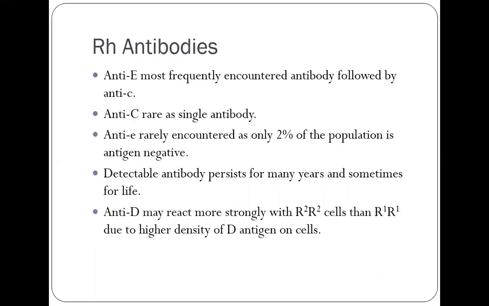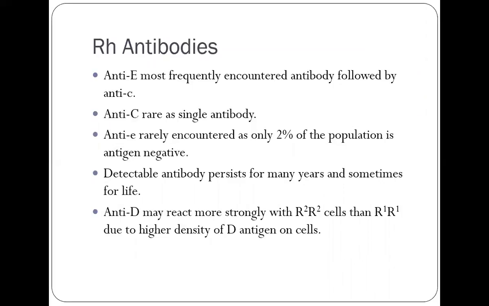Detectable antibody persists for many years and sometimes for life. So once you identify a person as having an Rh antibody, we must always give them blood that's negative for that antibody, even if it's not currently demonstrating today. Maybe we detected an antibody 2 years ago, but it stays in their patient chart for life.